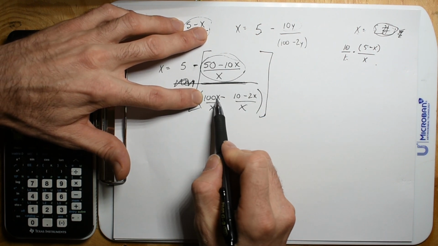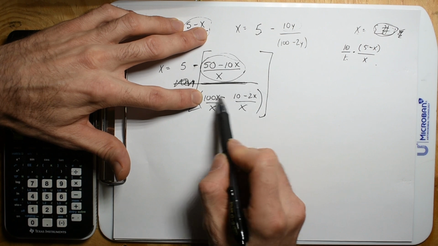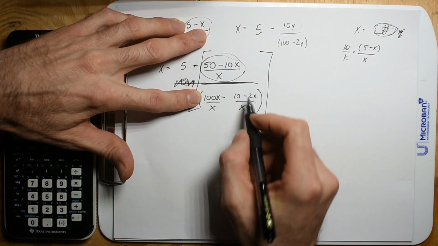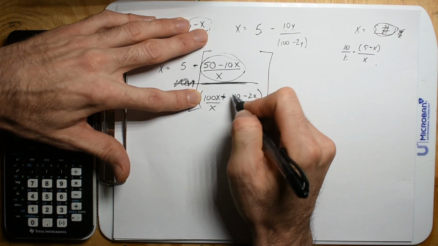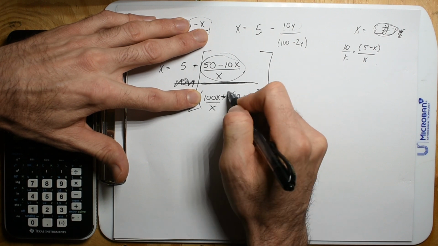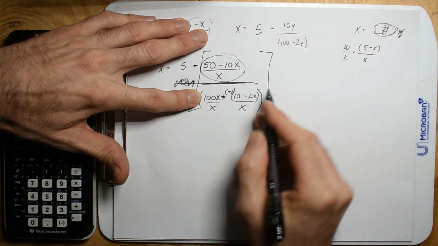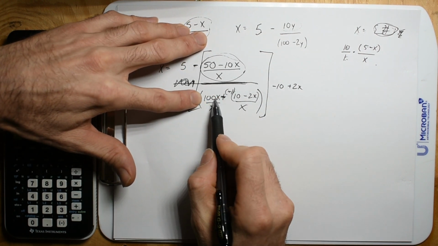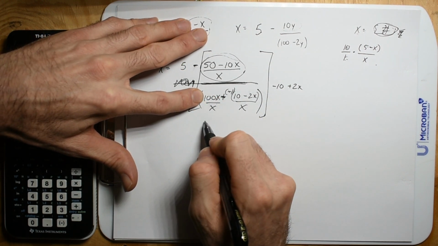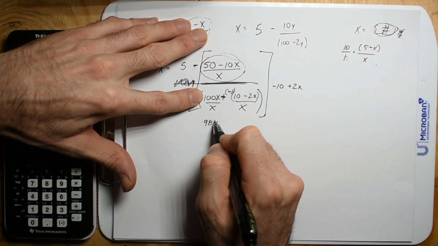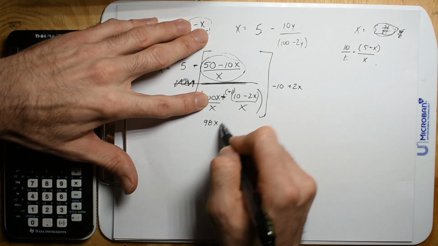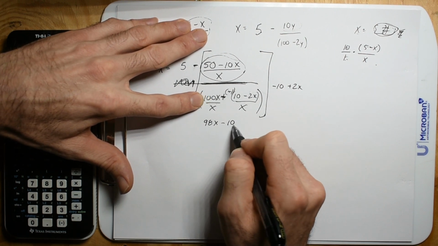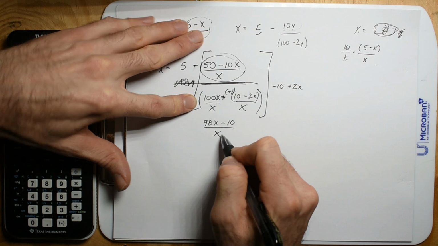This is going to be 100x plus 2x, because this negative makes you think of this as adding and then multiplying a negative 1 through here. So this becomes negative 10 plus 2x. So now you can add. So we would have 98x minus 10, and that's going to be divided by x.